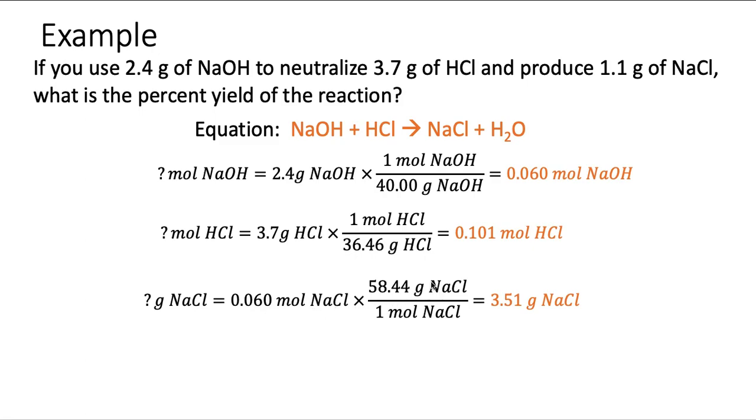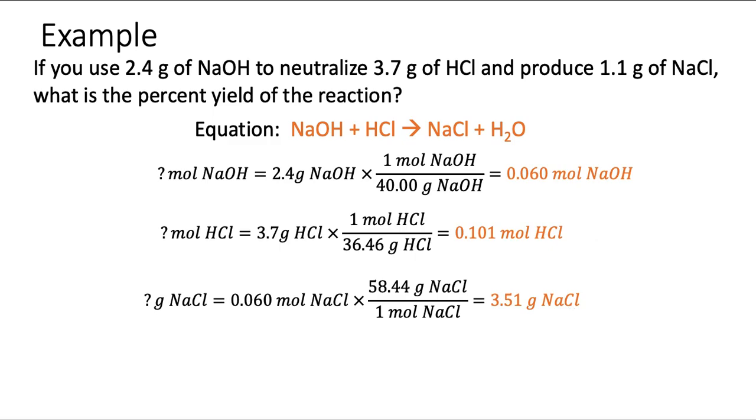I know that 1 mole of NaCl weighs 58.44 grams. My moles of NaCl will cancel out. I'm left with grams on top. 0.06 multiplied by 58.44 gives me 3.51 grams of NaCl.